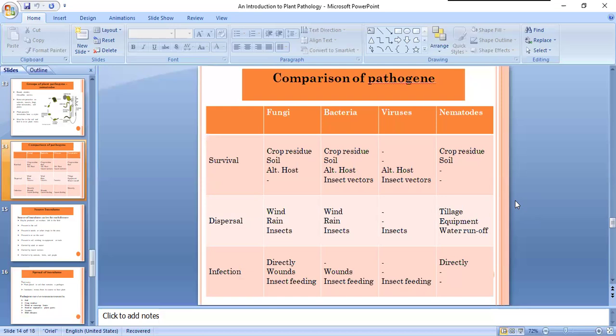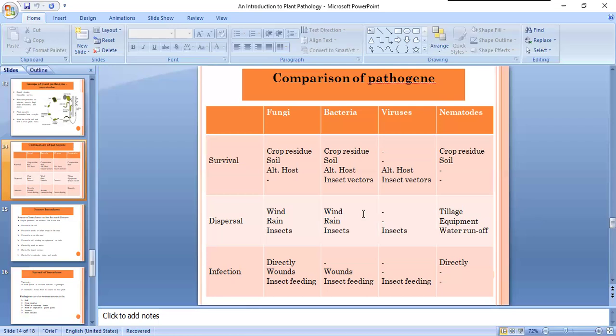Then dispersal, how they disperse. Fungi can disperse through wind, rain, and insects. Bacteria can also disperse through wind, rain, and insects. Viruses can disperse only through insects, whereas nematodes can disperse through tillage, various equipment used inside the fields, or water runoff.